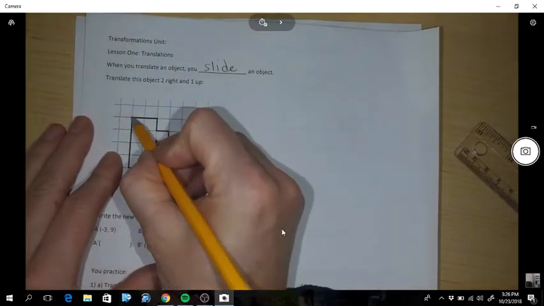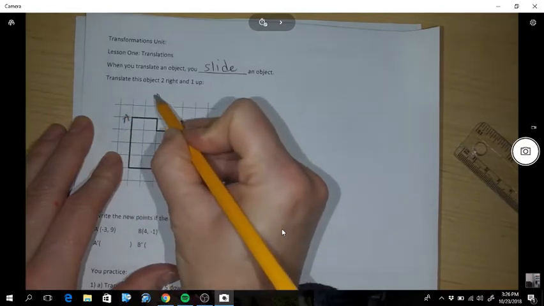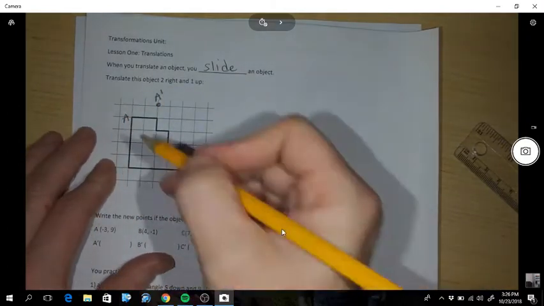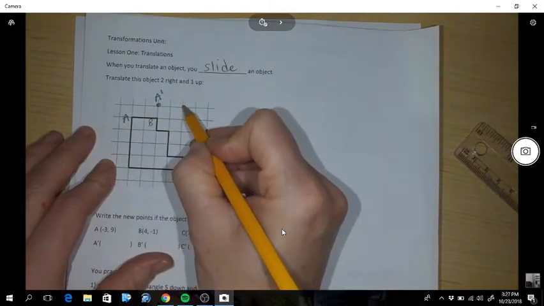So you're going to take a point, you're going to go 1, 2, and then 1 up. If this was A, this is A prime. Then if this is B, I'm going to go 1, 2, and 1 up.